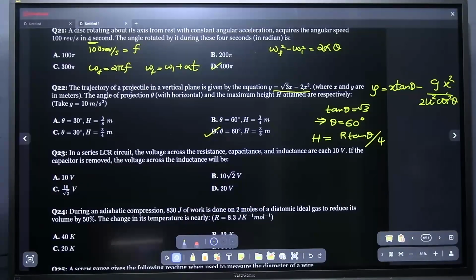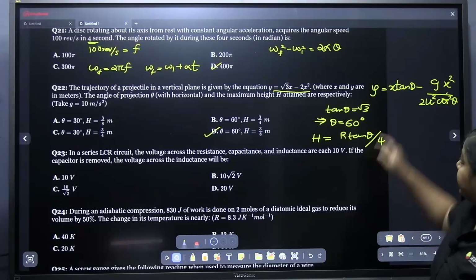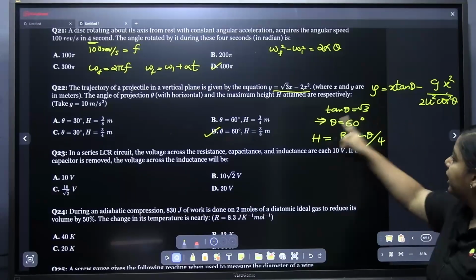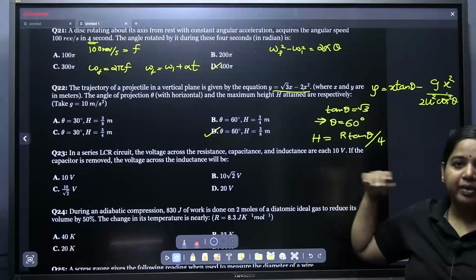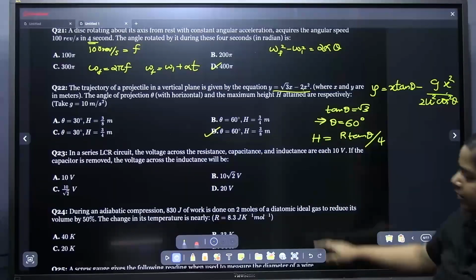Anyone have any doubt regarding this trajectory equation? Please refer to the chapter if you have doubt, and this one you can easily derive using the formulas for H and R.